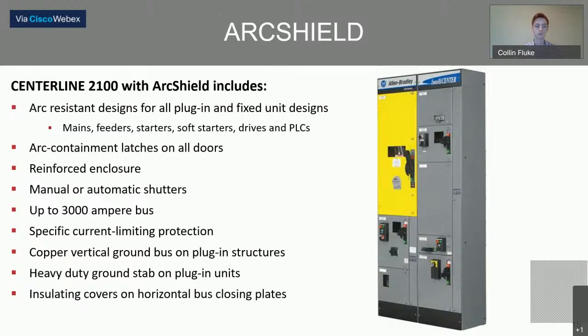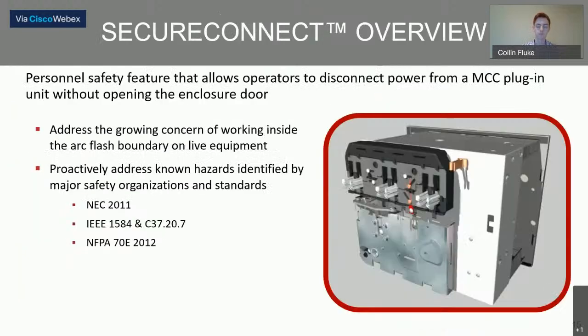It's a very cool feature. As well as we have specific current limiting protection units, and the support pans are all reinforced. So very, very neat safety features in concerns of ArcShield and ArcFlash.